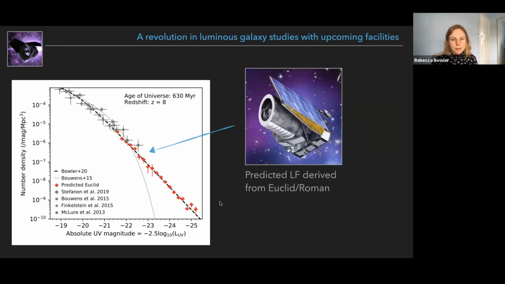In the optimistic case, these are the predictions I made for the Euclid survey, if there is this more power law type decline. You can see we're going to get amazing constraints on this slope, and along with that, samples of thousands of galaxies, whose sizes, morphologies, and colors we can then look at. So it's going to revolutionize the field.